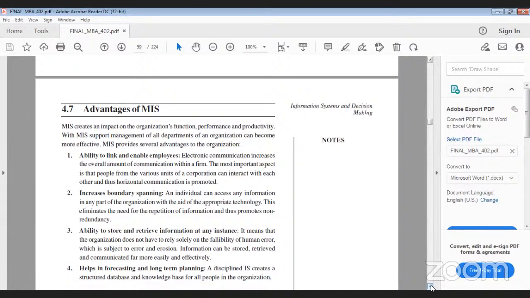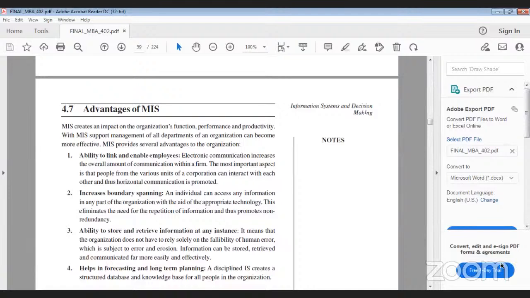Electronic communication increases the overall amount of communication within a firm. The most important aspect is that people from the various units of the corporation can interact with each other. Second is increased boundary spanning.